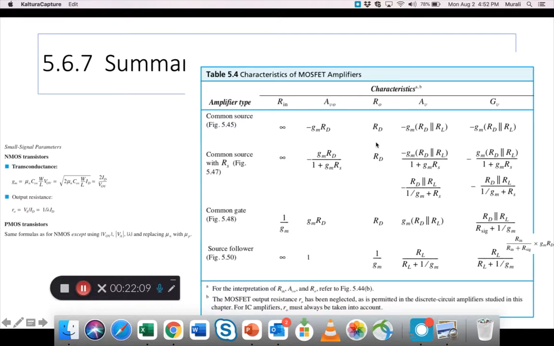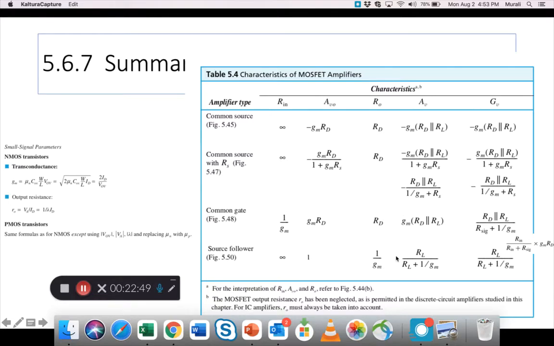Now once you know gm and Ro, you can start looking at these formulas for the input resistance, open circuit voltage gain, output resistance. Then this is open circuit voltage gain, but with a load resistance attached. This is overall voltage gain, which is output voltage across the load divided by the input voltage, which is the V signal actually. Okay, so these are your formulas.